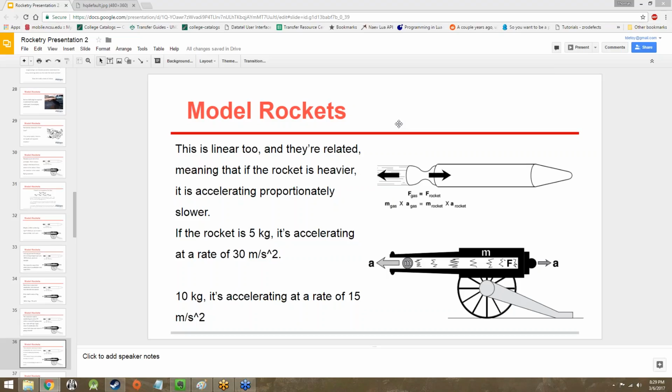But if we can figure out those two bits of information, we can figure out the exact amount of force that engine, that motor, is exerting, or will exert upon a rocket. And if we know how much our rocket is going to weigh, well, then we can figure out exactly how much our rocket is going to accelerate.